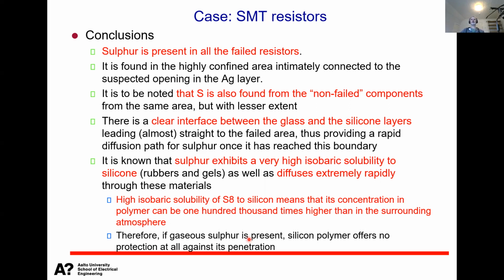Then we also looked at the literature, and we found out that sulfur has very high solubility in silicone. Basically, if you have some sulfur in the air, in the form of hydrogen sulfide, then silicone absorbs that sulfur, and the concentration inside the silicone can be even 100,000 times higher than in the surrounding atmosphere.